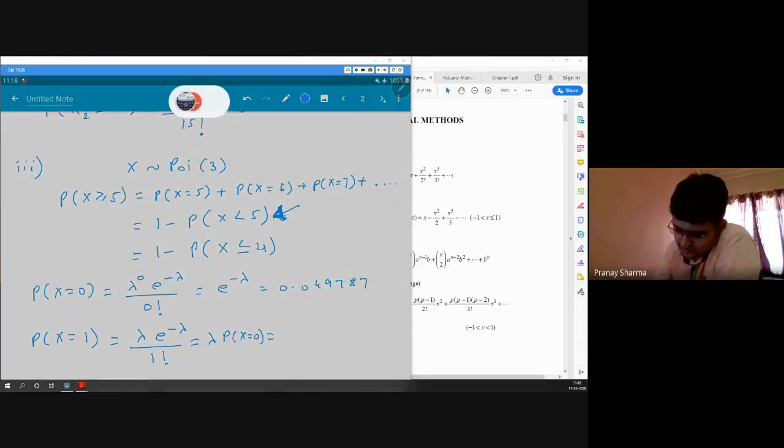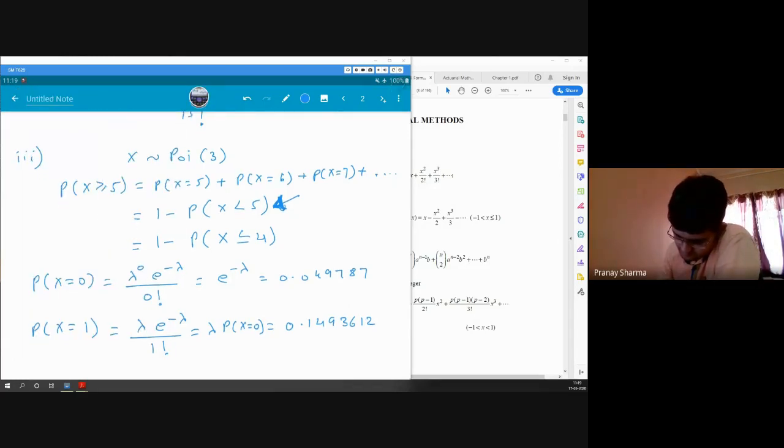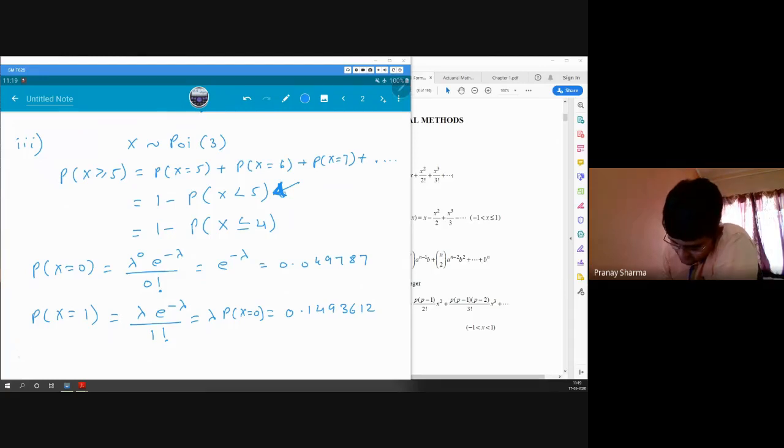So I will just multiply by lambda, that was 3, to get 0.14936112. Then probability X equals 2 is lambda squared e raised to minus lambda divided by 2 factorial.